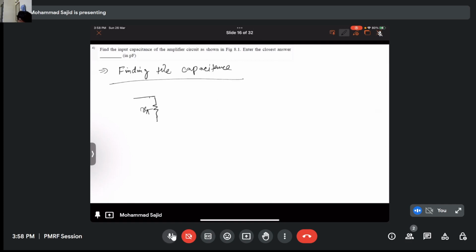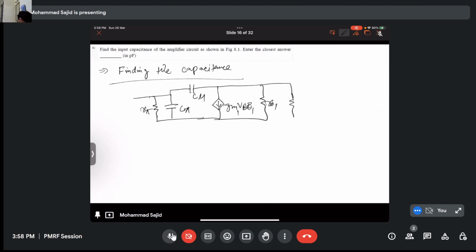Input is related to Q1, right? This is my R naught 1. This is my R pi 2. This is my R emitter equivalent circuit 2. This will be RS. This is how your equivalent circuit will look.